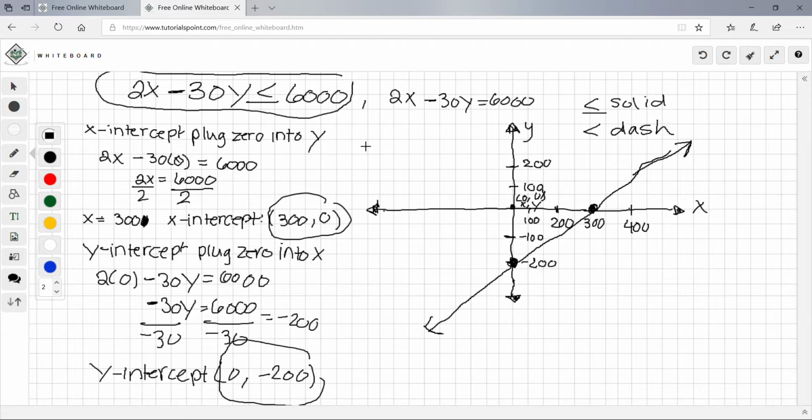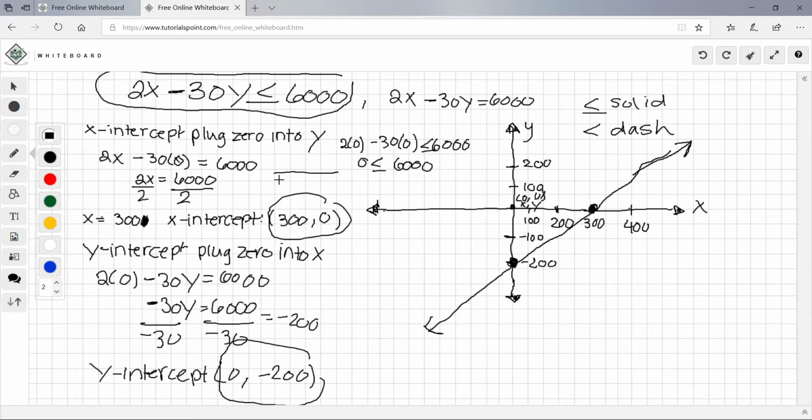So plugging 0, 0 in, you get 2 times 0 minus 30 times 0 is less than or equal to 6,000. That's 0 less than or equal to 6,000. Is this statement true? Is 0 less than or equal to 6,000? Yes, it is.